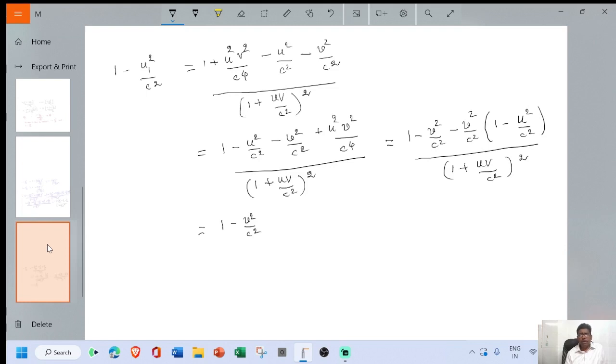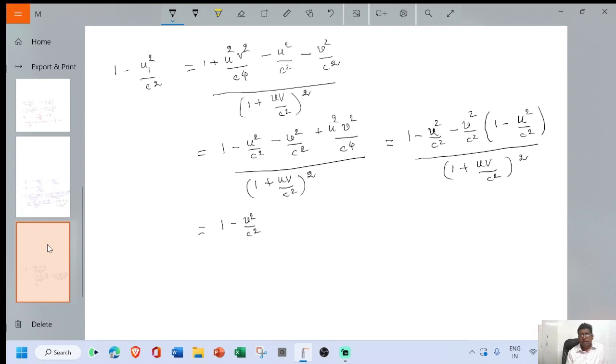This is 1 minus u square by c square minus v square by c square plus u square v square by c power 4, 1 minus of v square by c square. This is actually 1 minus u square by c square, then minus v square by c square.